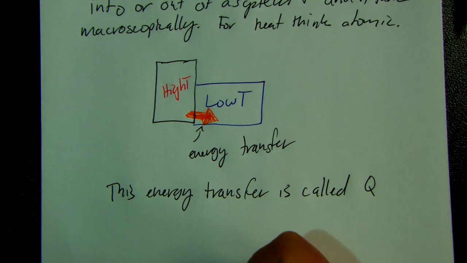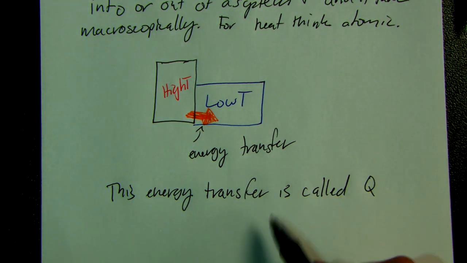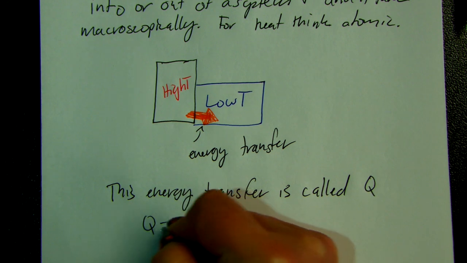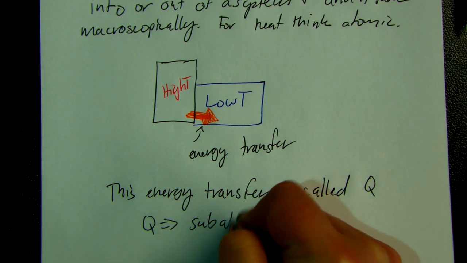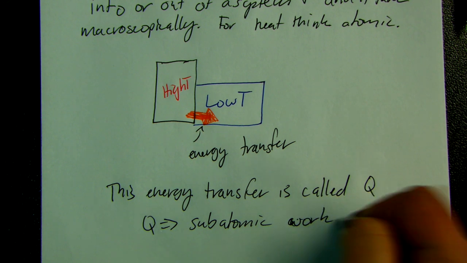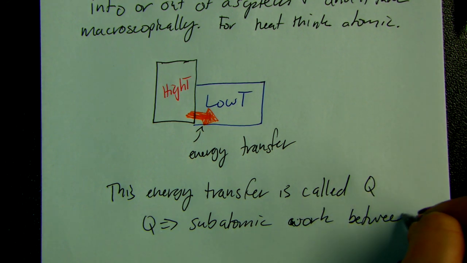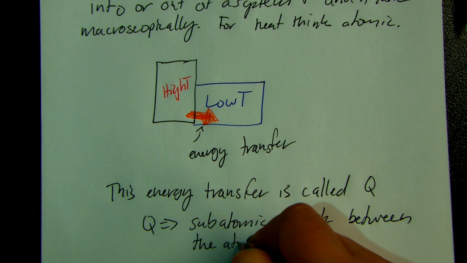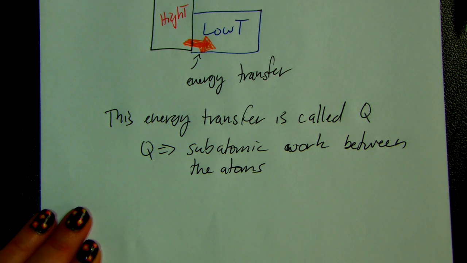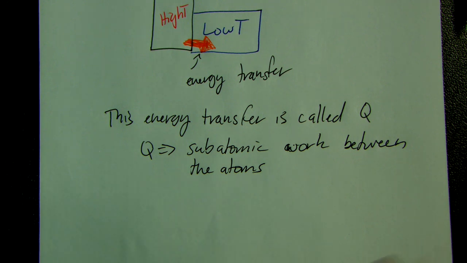All right, so this essentially describes the atoms doing microscopic work on each other. So Q is subatomic work between the atoms. I know, physics is so poetic. I love it. All right, so eventually all the atomic springs will be vibrating at about the same amount.